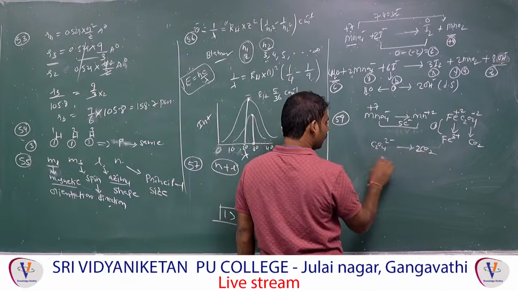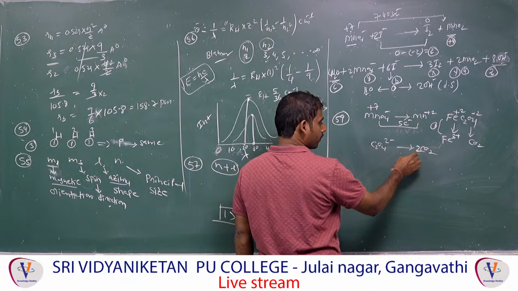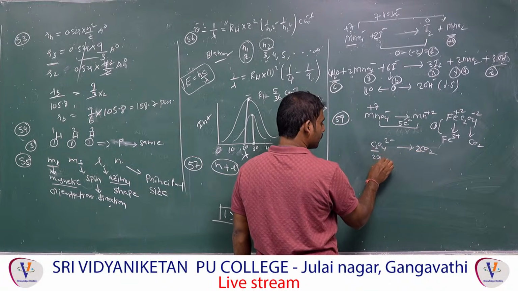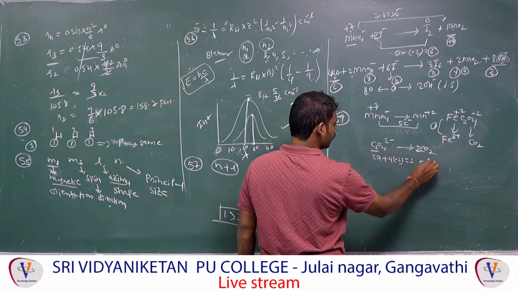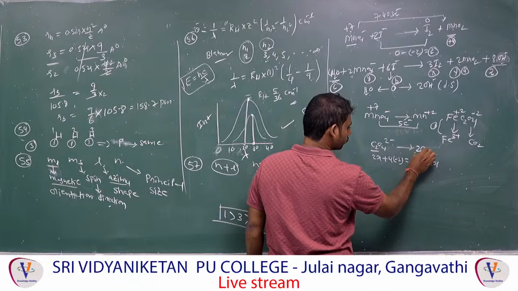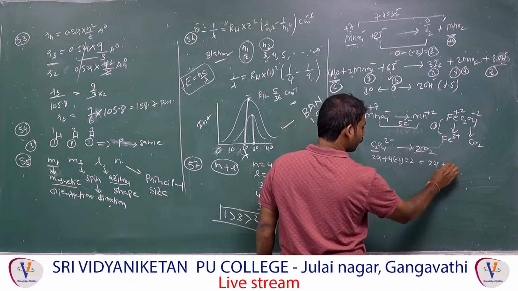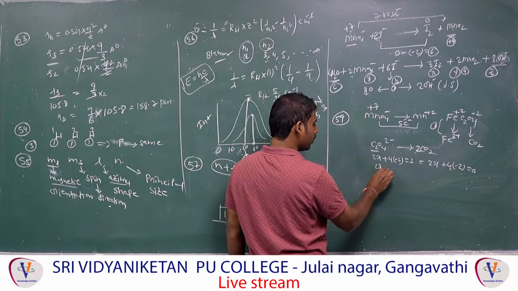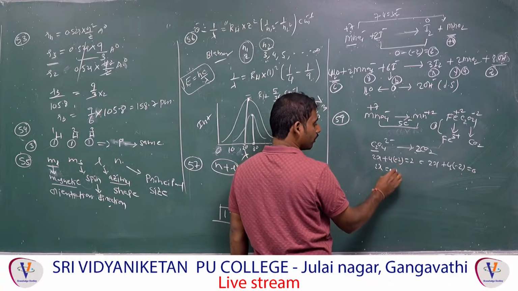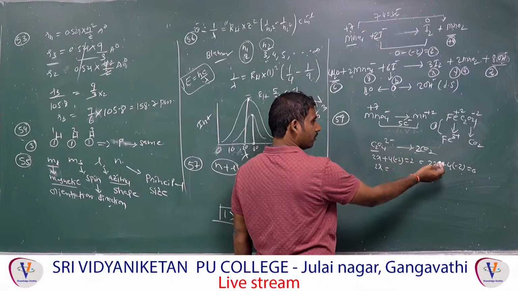There are 2 carbons. Carbon oxidation state: 2x plus 4 into minus 2 equals minus 2. So 2x minus 8 equals minus 2, and moving 8 to that side, 2x equals plus 6.